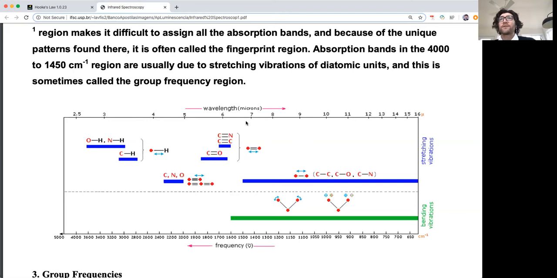From 1500 to 400, we call this the fingerprint region, and it's very difficult to determine what molecules are there.